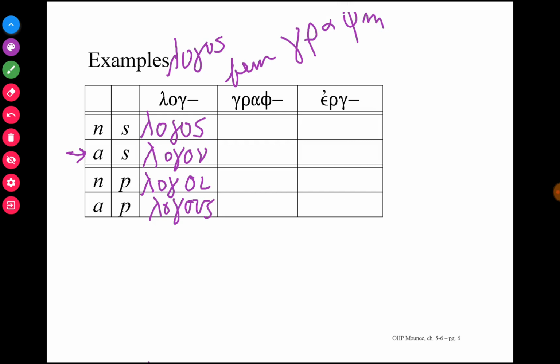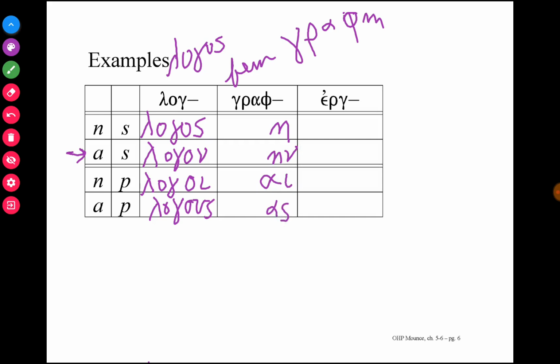Which means writing. That's supposed to be a fee, by the way. There we go. Okay, so graphe. And if you remember how the feminine case endings look, we said that the case endings for the nominative singular all the way down the chart are a, ein, i, and os.